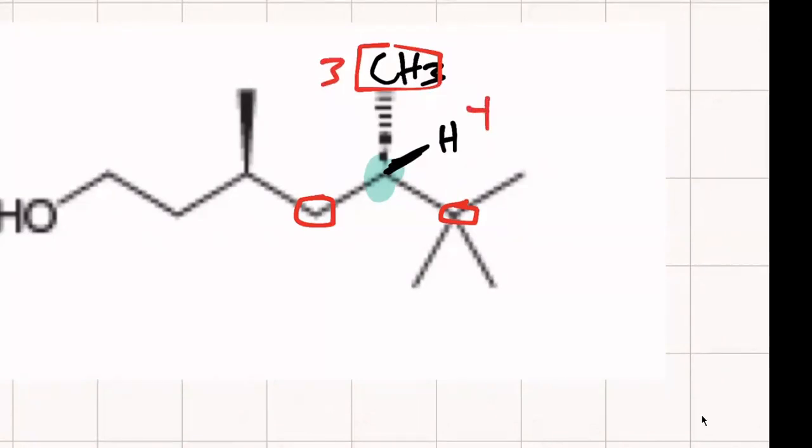Now we just need to pick between these two, which one is 1 and which one is 2. What do you think? I think the branch would be 1 because of the rule you're talking about. Who is that that's about to get a fist bump through the screen? You said the branch one is going to be 1? Yes. I agree. Because it's branched, right? Absolutely. Compared to the other carbon. So this is 1, and then that's 2.